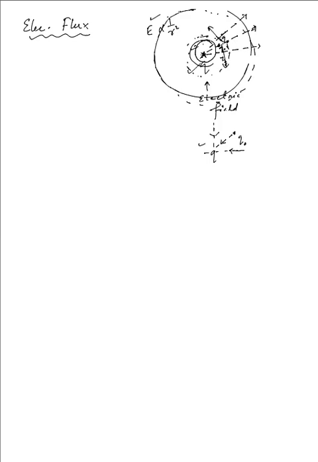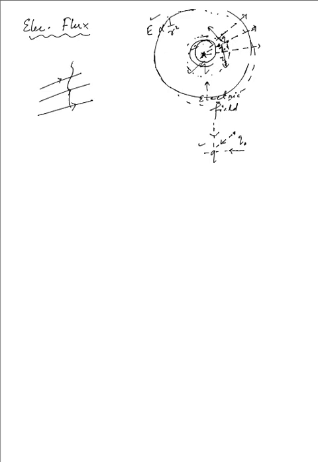Now, the number of lines of force that can be incident over a given area. Suppose we have the electric lines. These are the electric lines, imaginary, of course. They give you the concentration of the field.